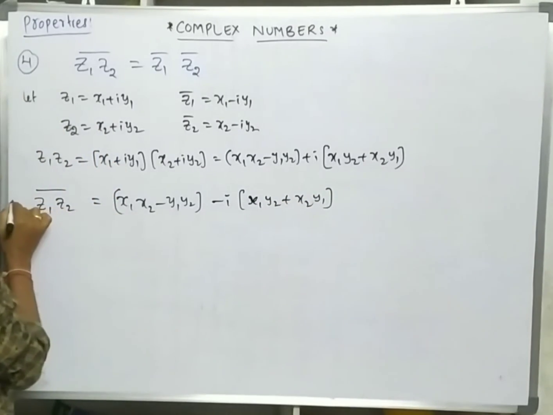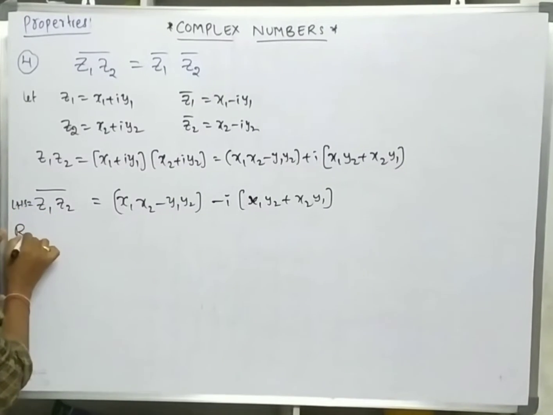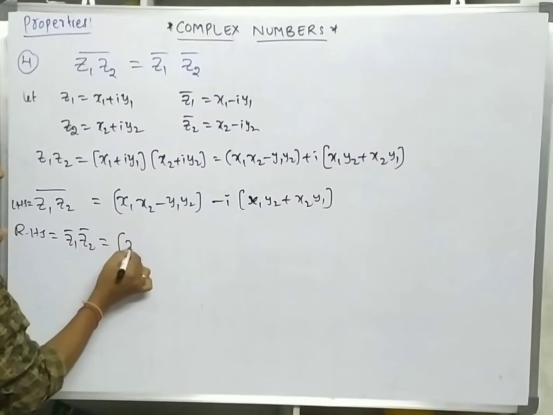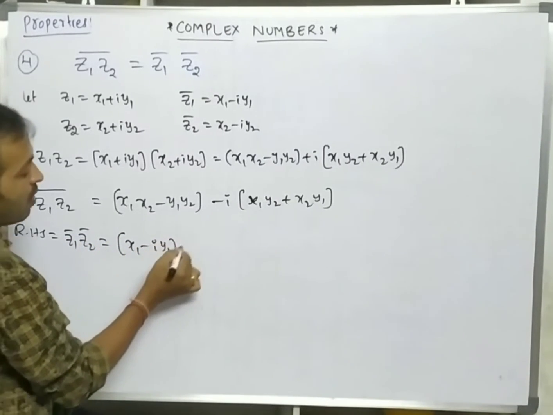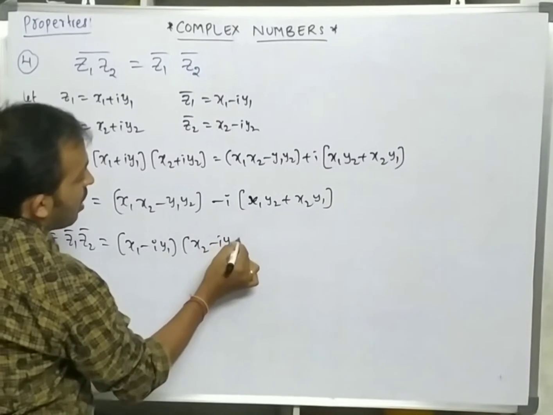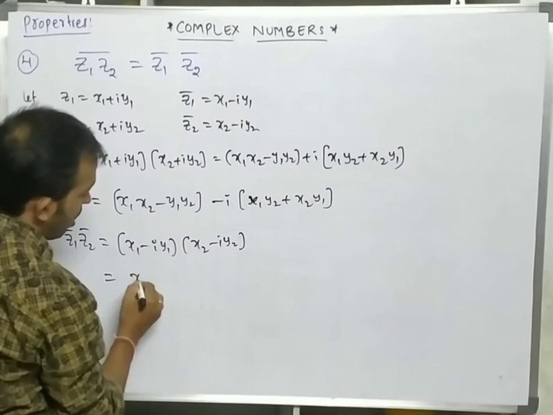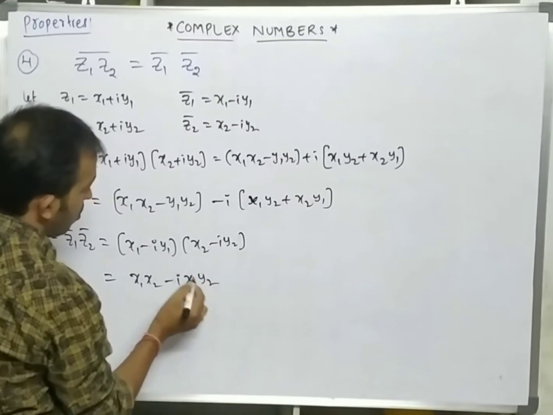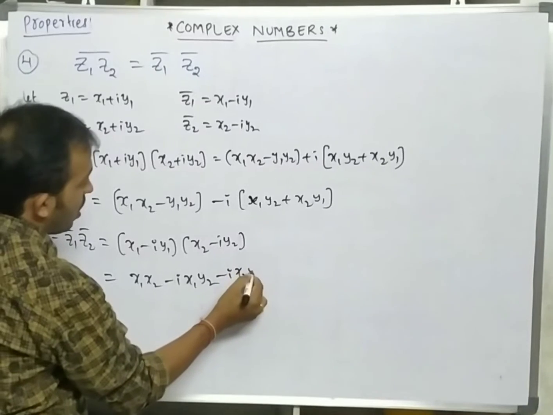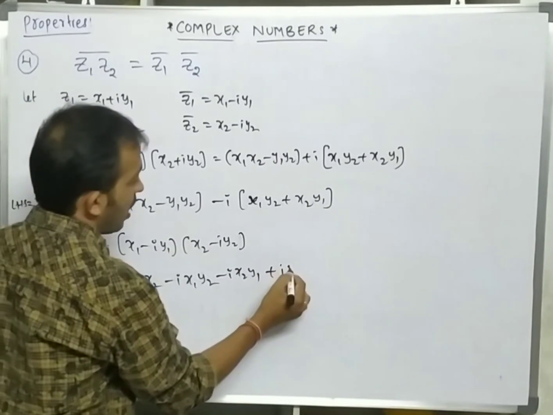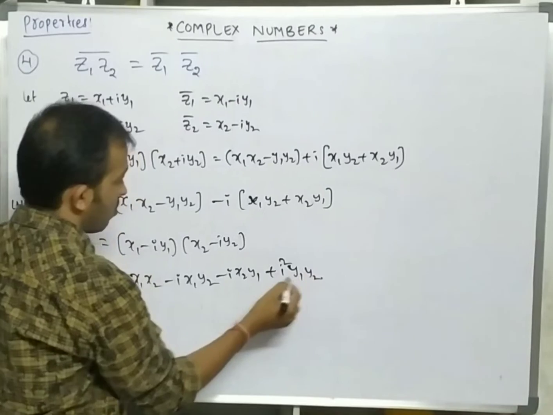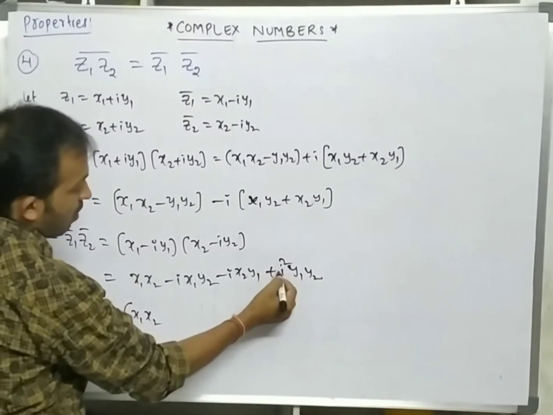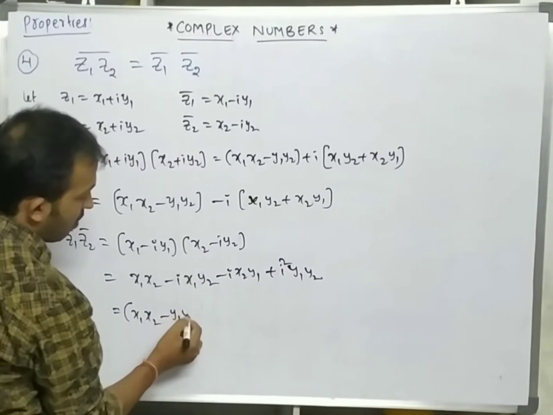So this is the left hand side. Now what is the right hand side? Simplify z1 bar into z2 bar. What is z1 bar? x1 minus iy1 into x2 minus iy2. Now x1 into x2, x1 into minus i y2, minus i x2 y1, minus into minus plus i square y1 y2. Now x1 x2, i square is minus 1 into y1 y2, so minus y1 y2.